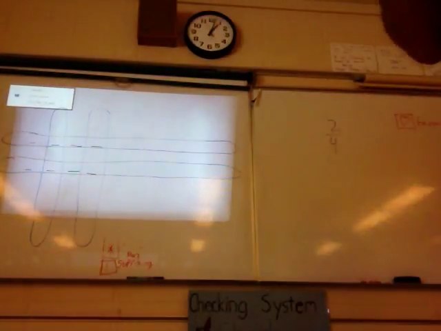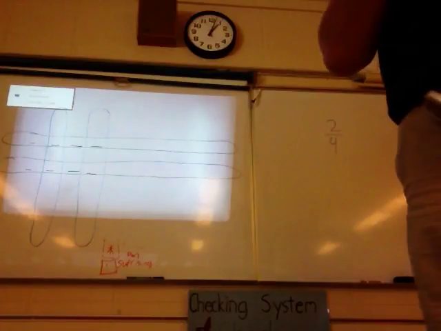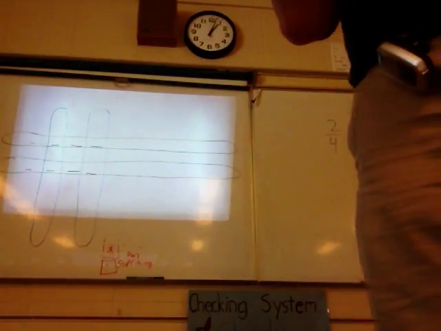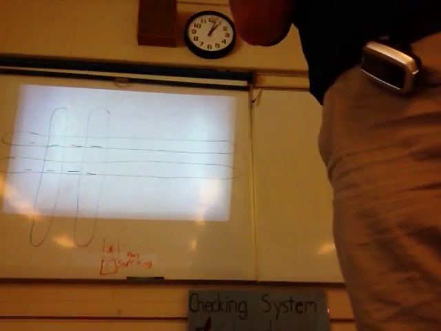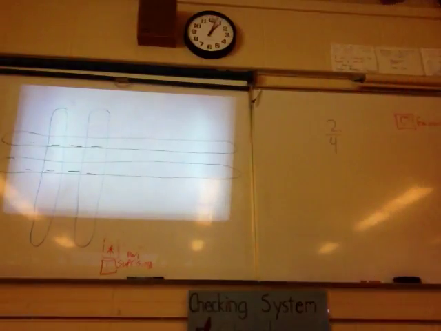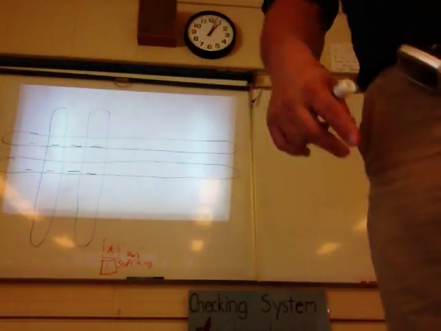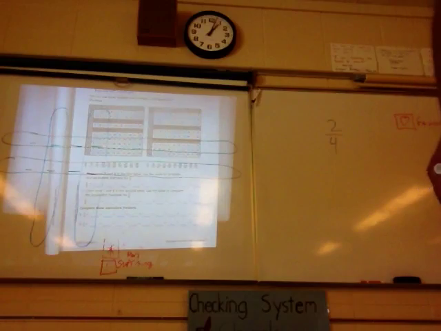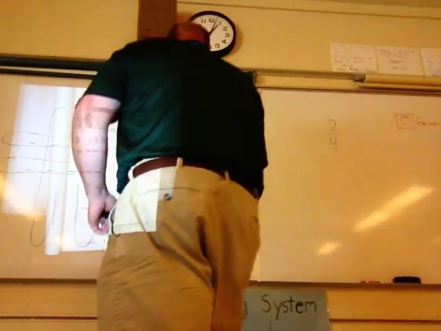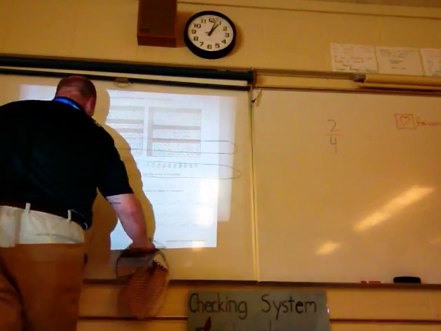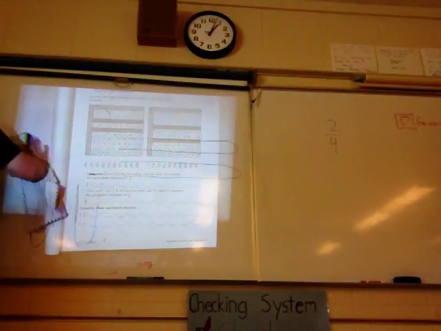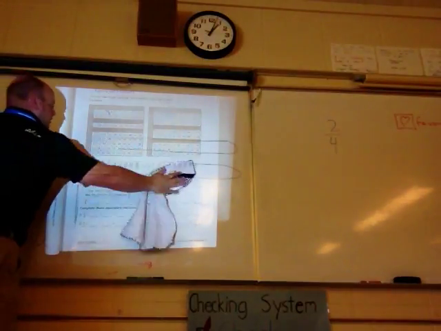I'm going to turn that off, and I'm going to project our work page. They can do either way, right? Horizontal or vertical? Yeah, absolutely. Either way is correct. Okay, so this is what we should all be looking at.